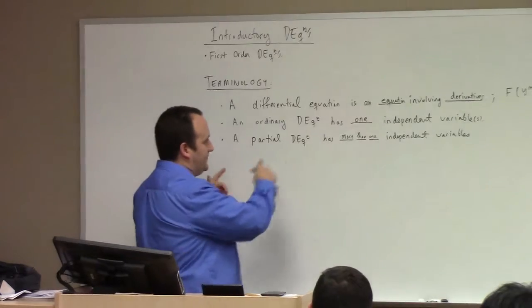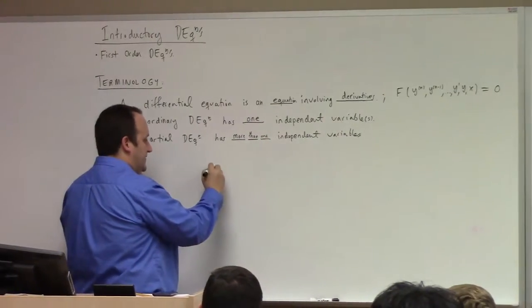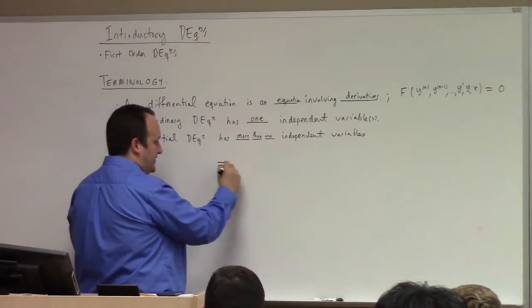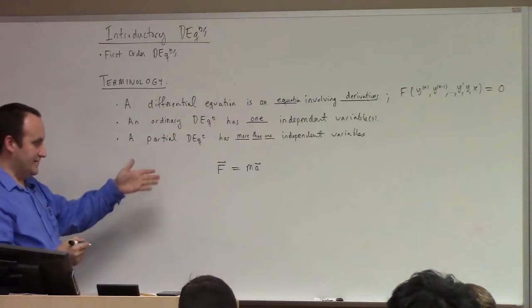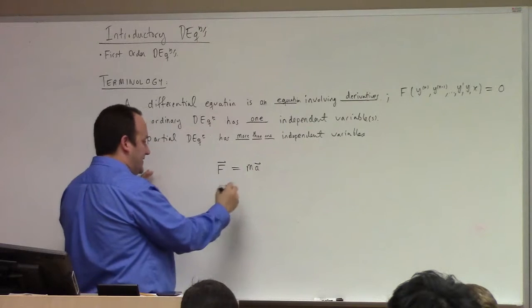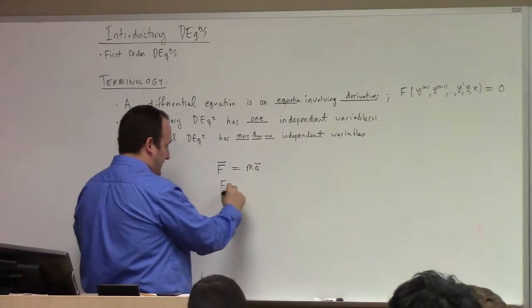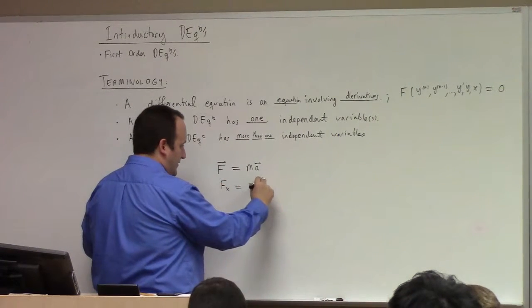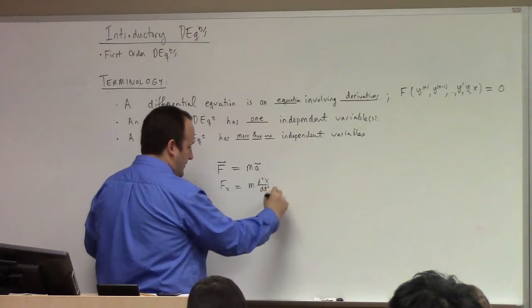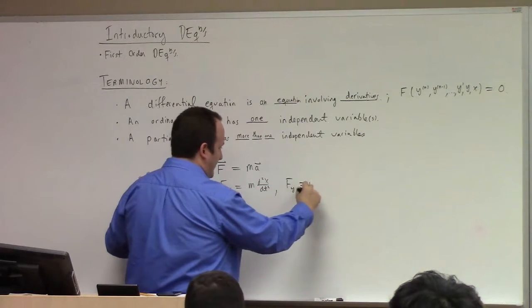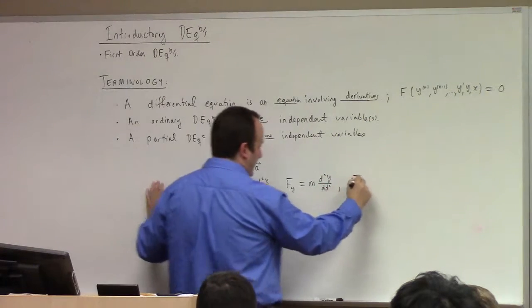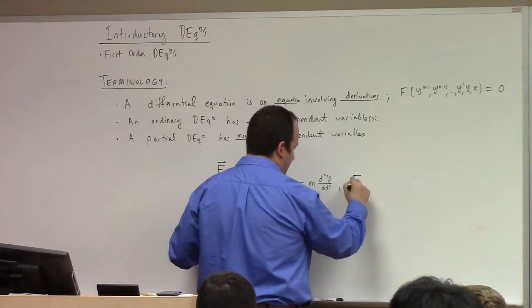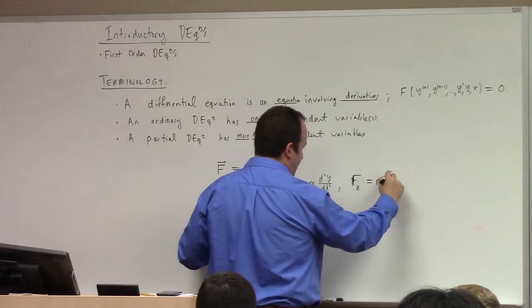So let's see here. For example, this is something maybe you've heard of. F equals ma, right? If you expand it, really, F_x is equal to m d squared x dt squared, F_y is equal to m d squared y dt squared, F_z is equal to m d squared z dt squared.